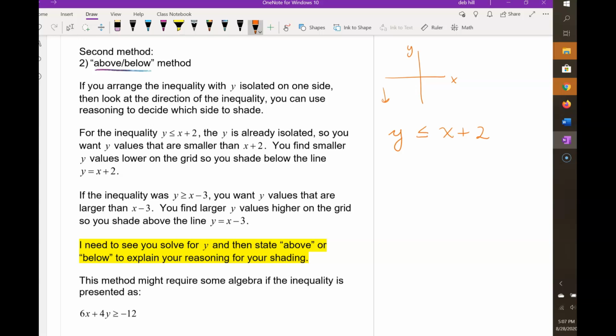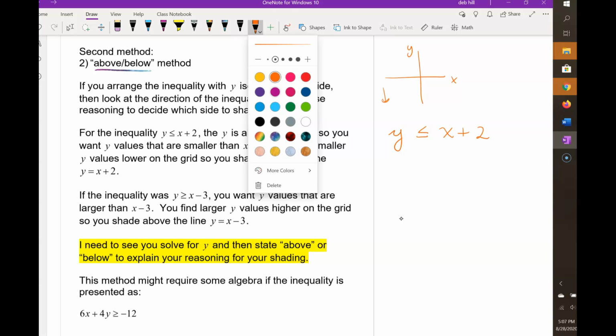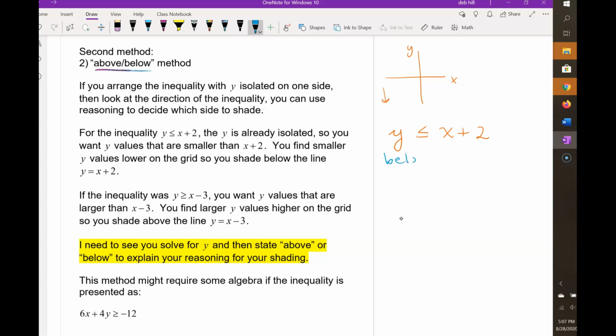So if you read this math sentence that is the inequality as I want y values that are smaller than the ones on x plus 2, that means you want the ones below the line. So that's all you have to write: I want y values that are below. So you would graph the line and you would shade or use arrows to indicate below the line is where we would find solutions.